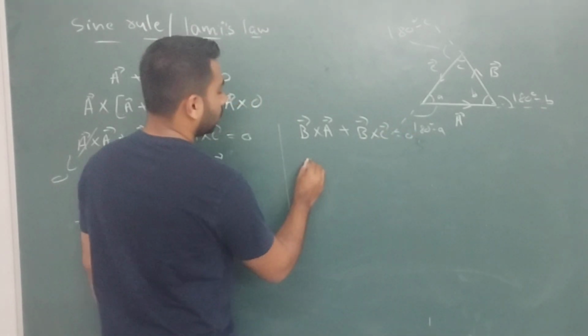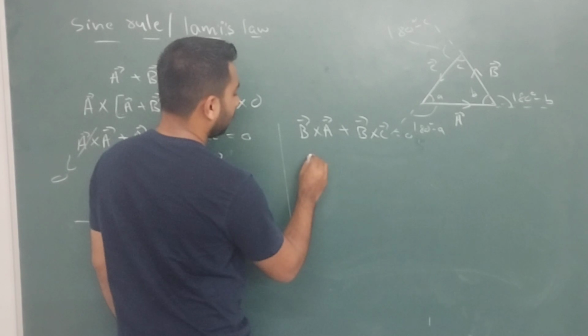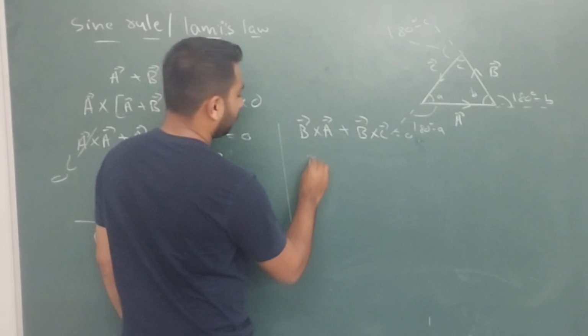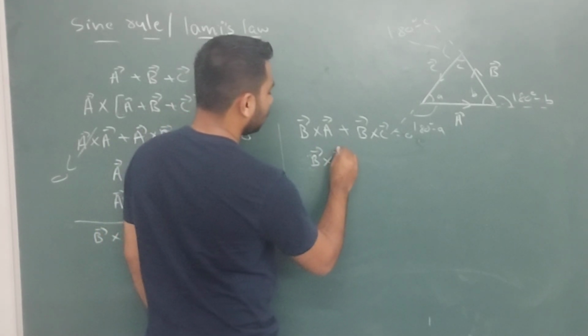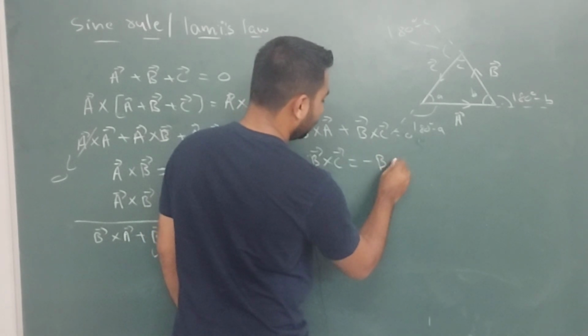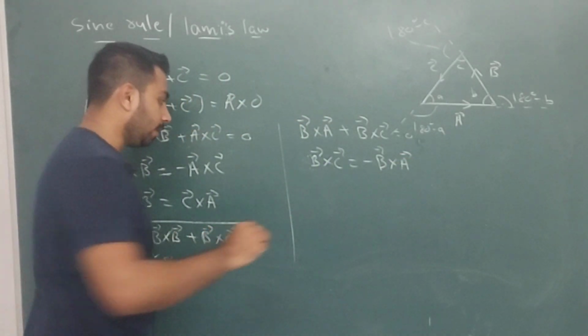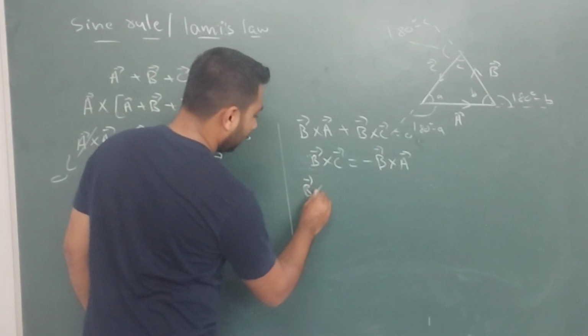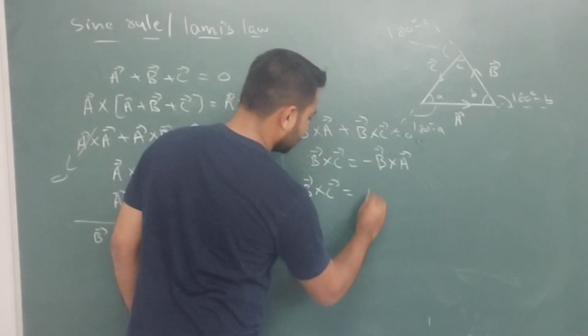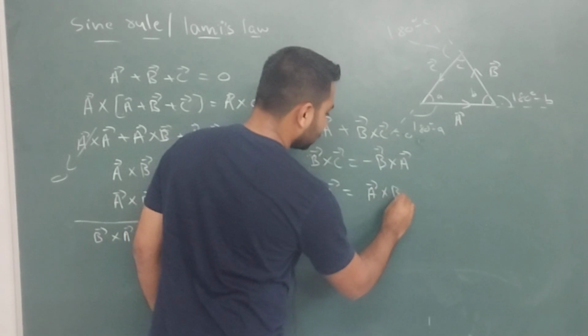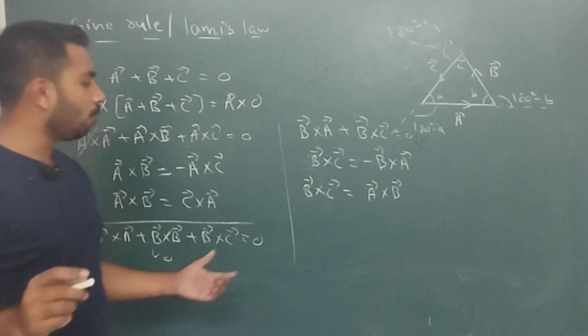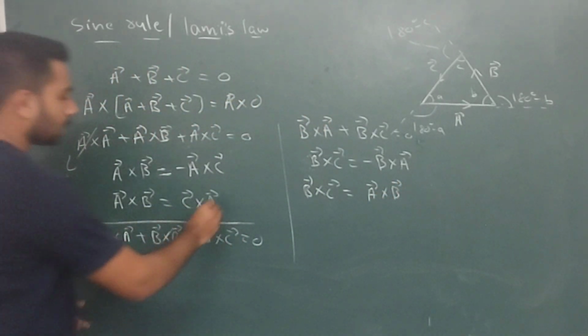Now I can write B cross C is equals to minus B cross A. Yes sir, you can write this. Now even I can write this like this, beautiful.